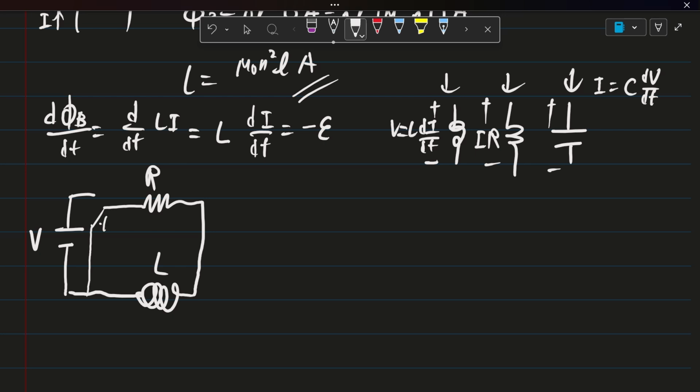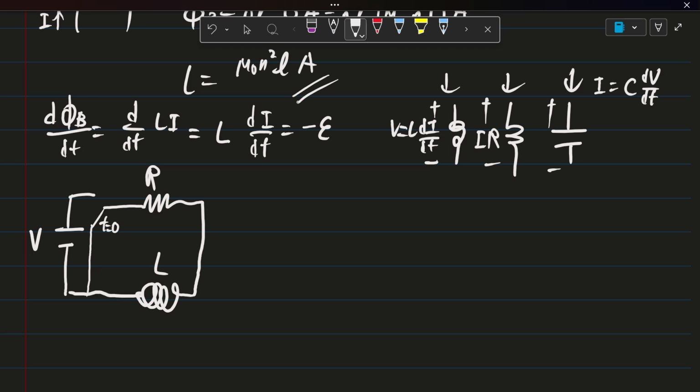So let's state at time 0. After a long time, when time equals 0, it's still within the condition in which it is connected straight away to the RL circuit. So there's no source supplying energy into our system.